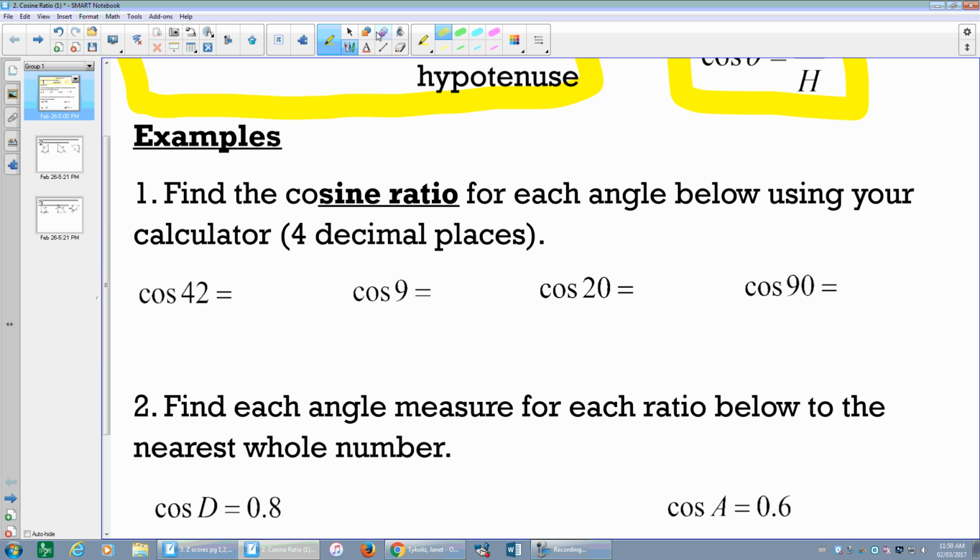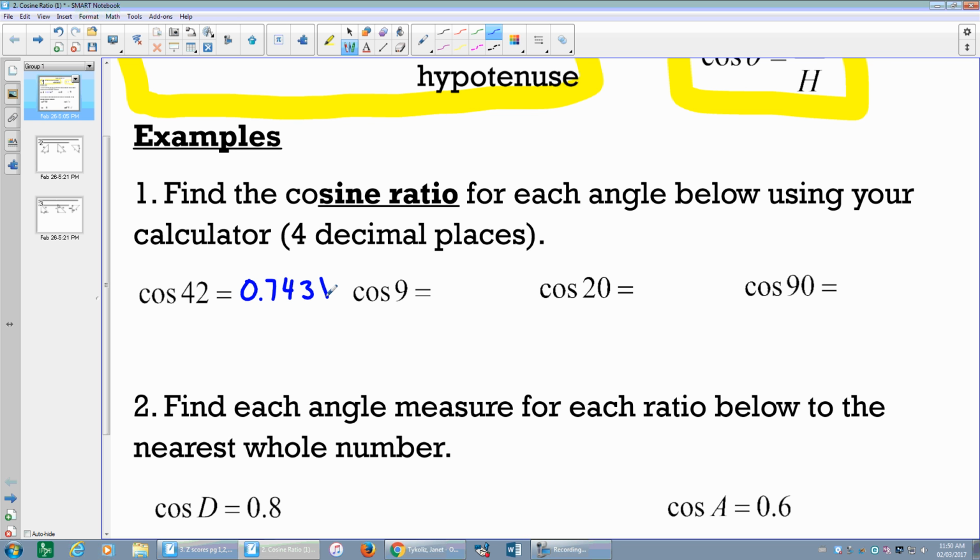Okay, so the first piece here, we're just going to get used to using our calculators. You are going to put in your calculator cos 42. When you put in cos 42, you should get the following answer, 0.7431.